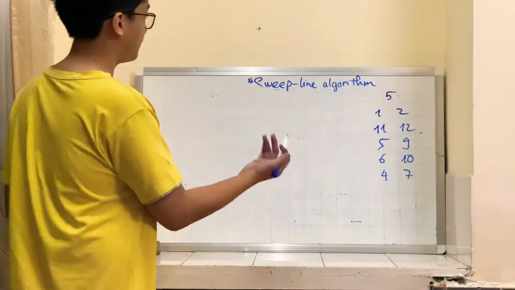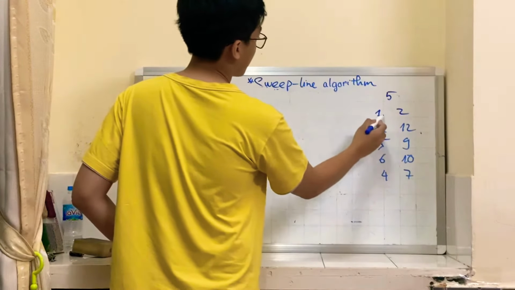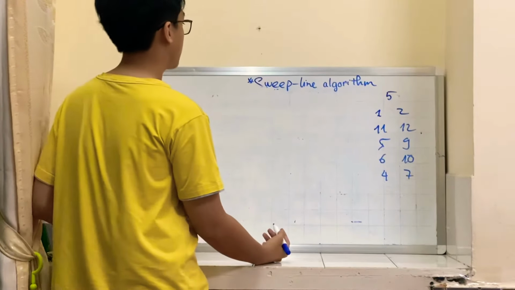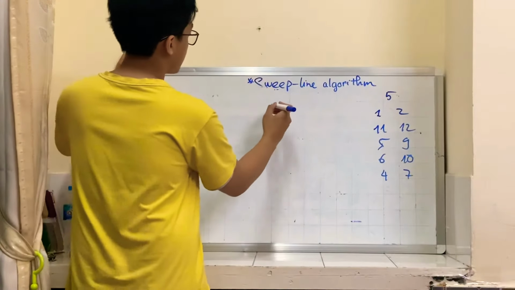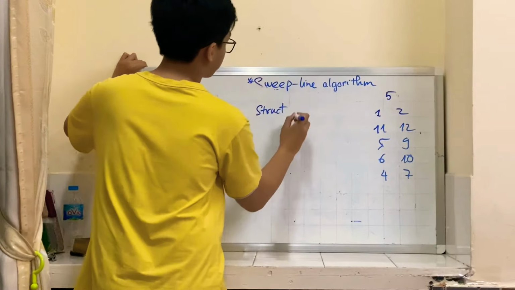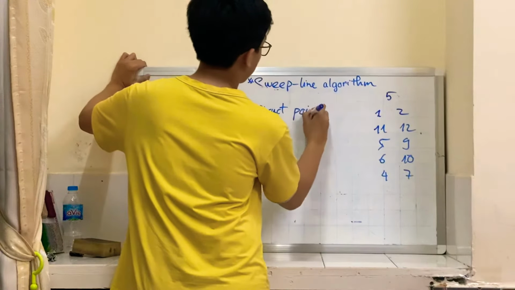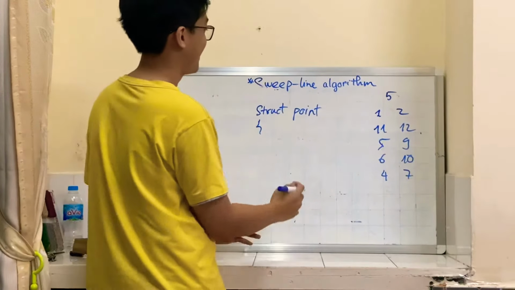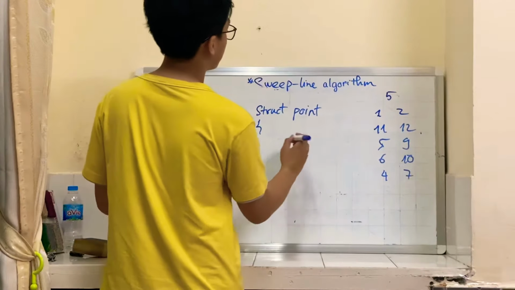For example, line 1 has 2 endpoints, endpoint 1 and endpoint 2, so I'll save line 1 in a structure. This is a struct of point. For each point there will be a struct, so here we'll save the point.